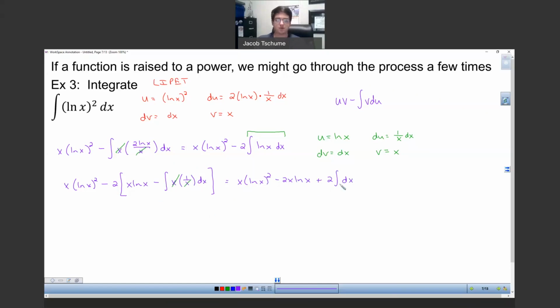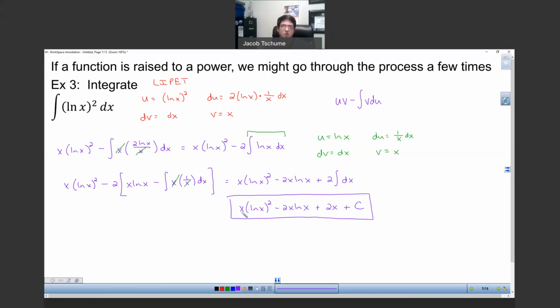So that's something really easy to integrate, so let's take care of that. This would be x times the ln of x squared minus 2x times the natural log of x plus 2x, and then don't forget when you're finally done integrating to put a plus c on the end.